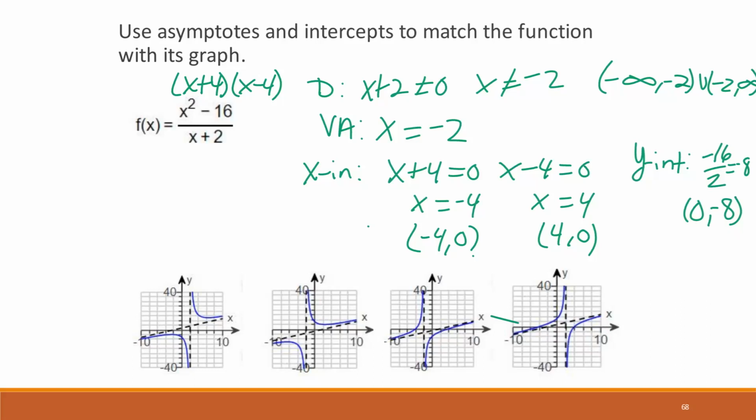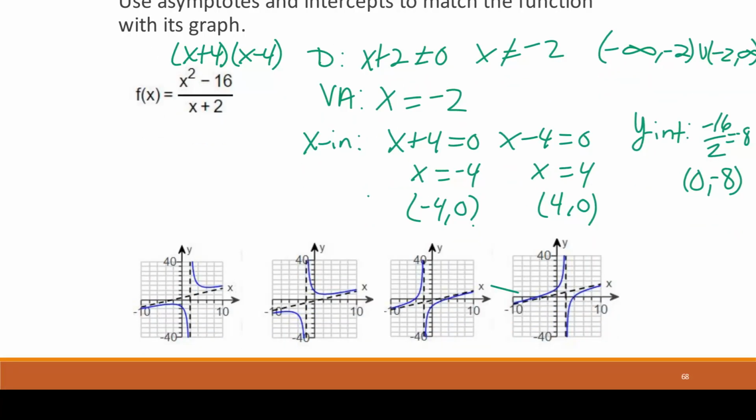All of ours has a slant, so let's just skip that step and go from here. So first we know we have an asymptote at negative 2. So this one's out and this one's out. So then we have points at negative 4, 0, 4, 0, and 0, negative 8. So we have points at negative 4.